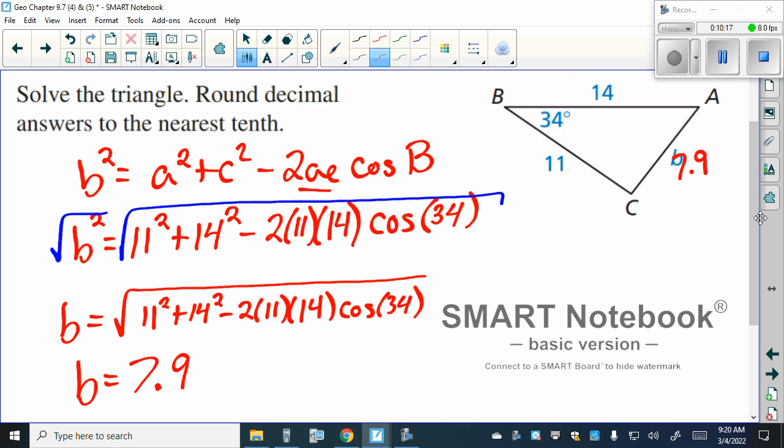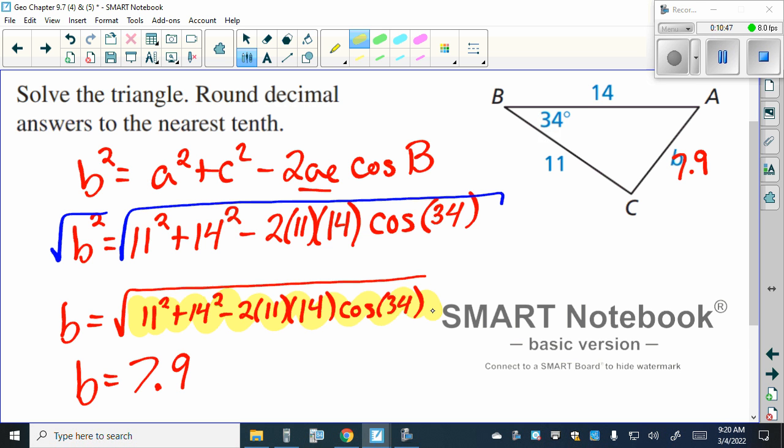Okay, so we found one part of it, but we still need the other two angles. Now, before we get into that, I want to finish the thought I had a second ago. Because I said we didn't want to type 11 squared plus 14 squared minus 2 times 11 times 14 cosine of 34 in first, and then take the square root of it.